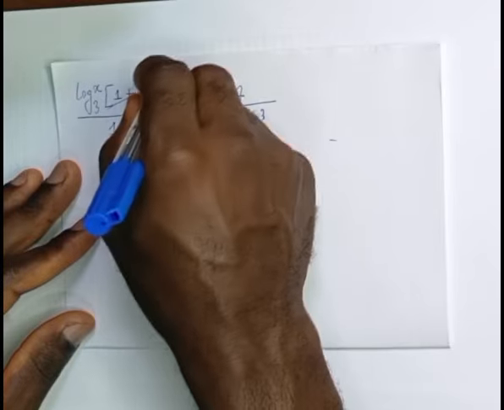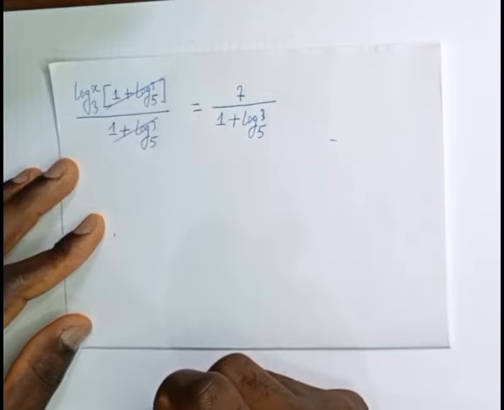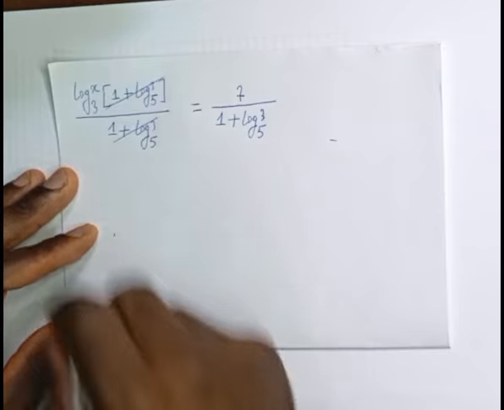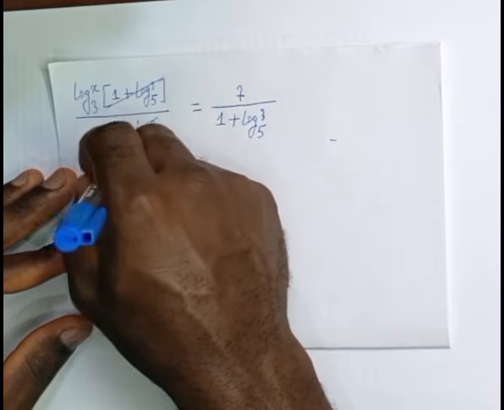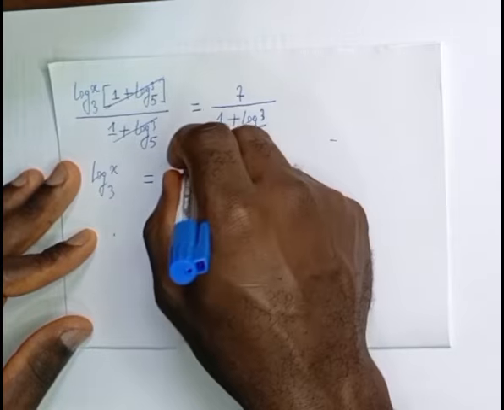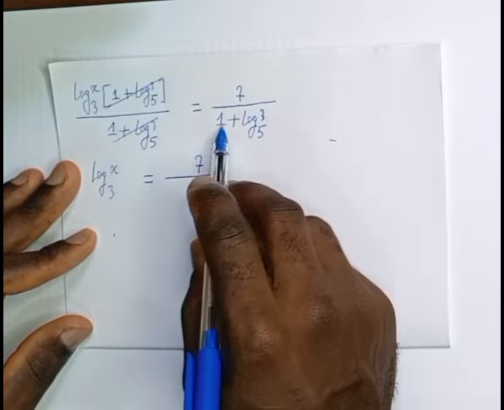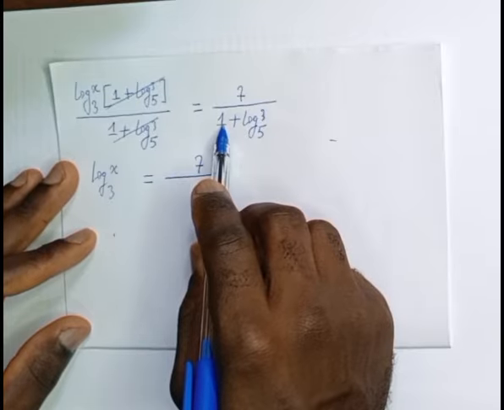At the left hand side, 1 plus log 3 base 5 will strike off 1 plus log 3 base 5. We'll be left with log x base 3 is equal to 7 all over 1 plus log 3 base 5 at the denominator.